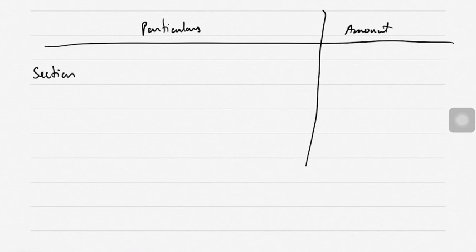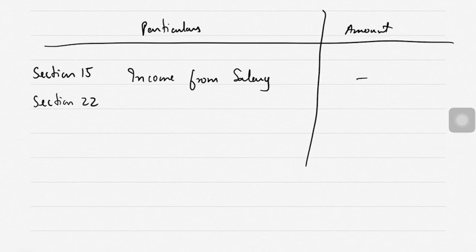First is section 15, income from salary. Which is nil. Next, section 22, income from house property.